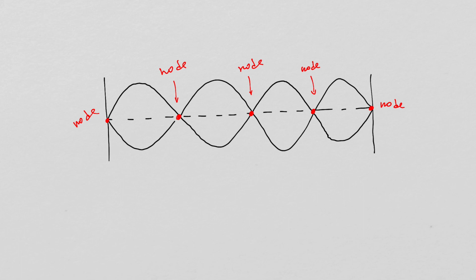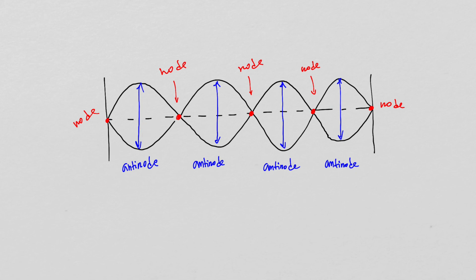And the areas at maximum amplitude are known as antinodes. And so we have 1, 2, 3, 4 antinodes. So for a standing wave, when the two ends are fixed, we always have one extra node for the number of antinodes available. So here we have 4 antinodes and we have 5 nodes.